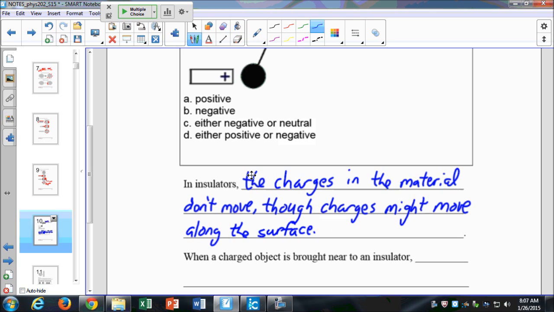So for example, when I rub the sock on this, charges within the material don't move around, but I just get an excess of charges on the surface of the insulator. When a charged object is brought near to an insulator, however, the molecules may become polarized.